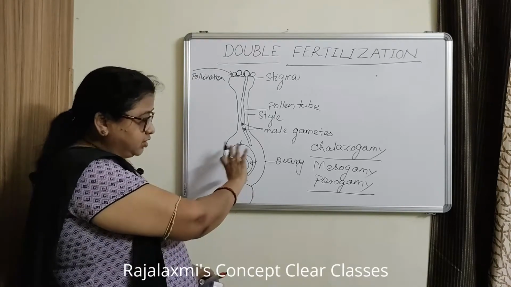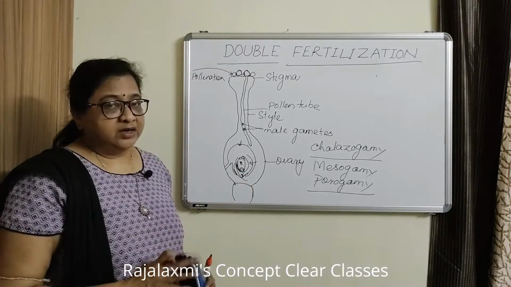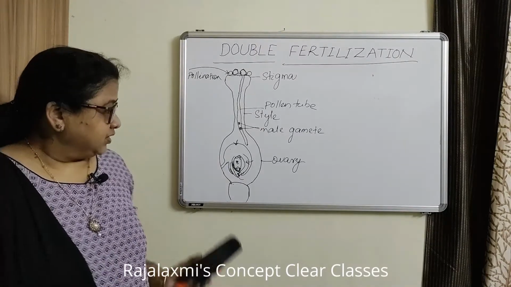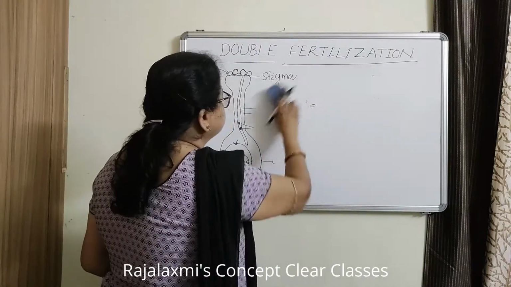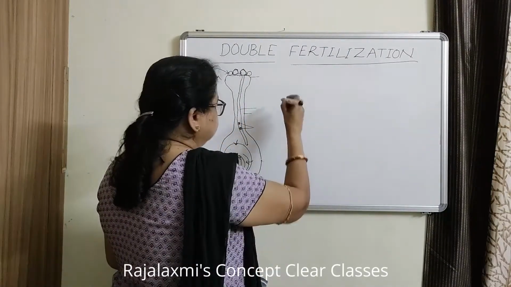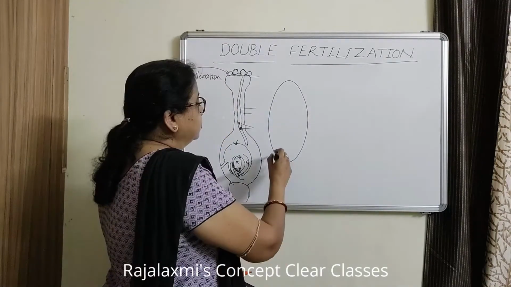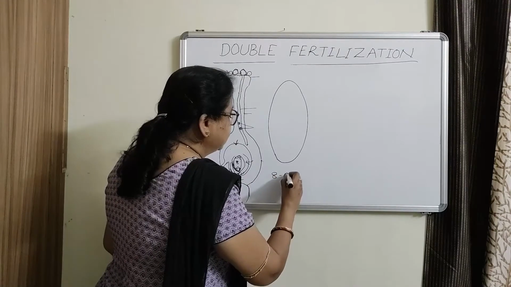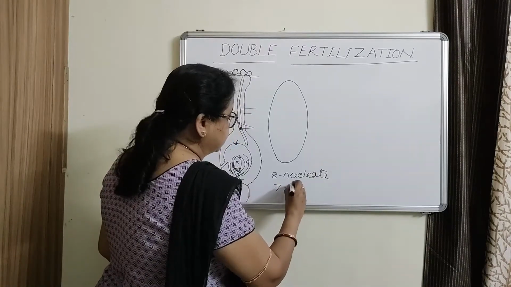Whatever the way, the pollen tube reaches one of the synergids of the egg apparatus. So let us draw the female gametophyte in detail. We know the female gametophyte is an 8-nucleate and 7-celled structure.